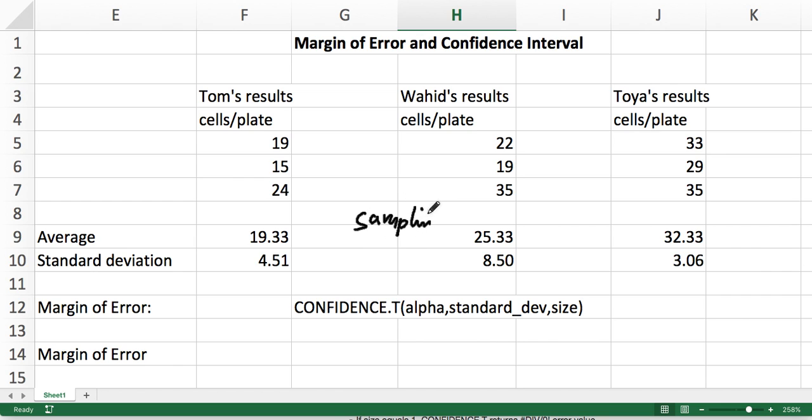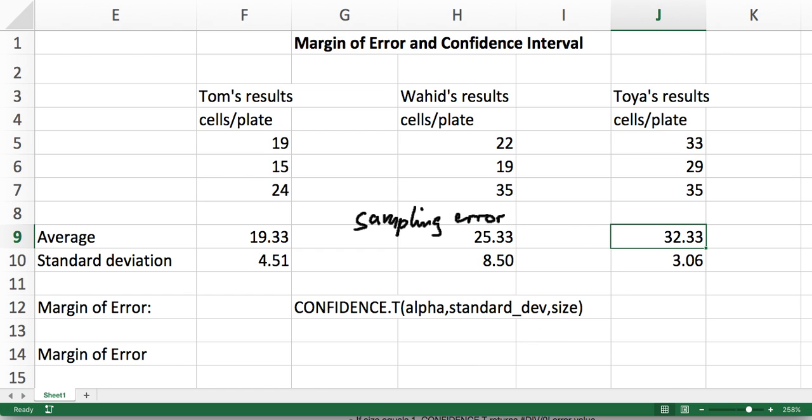So that's the sampling error. Each student, of course, is right. They get their individual average here.